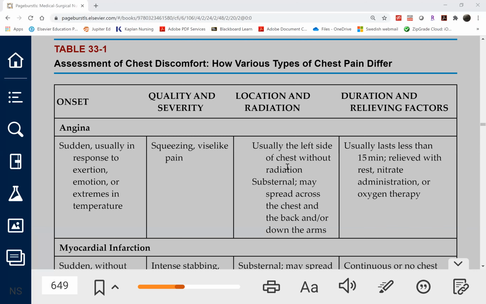It's in these increased oxygen demand circumstances that really test: can your heart deliver? Can your cardiovascular system adjust to that increased oxygen demand, or will you fail? When they fail, then there will be symptoms.